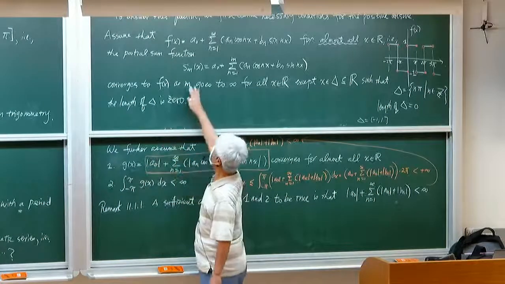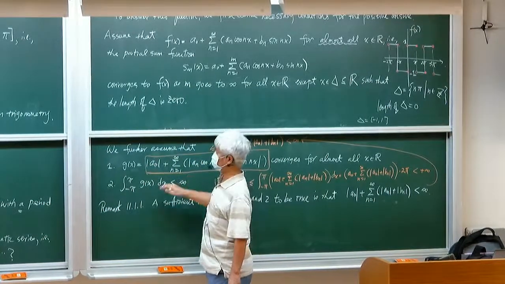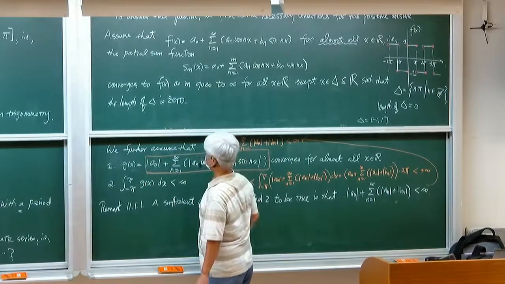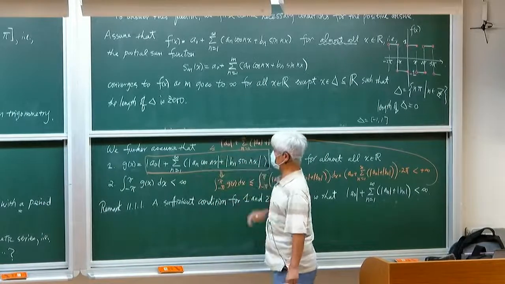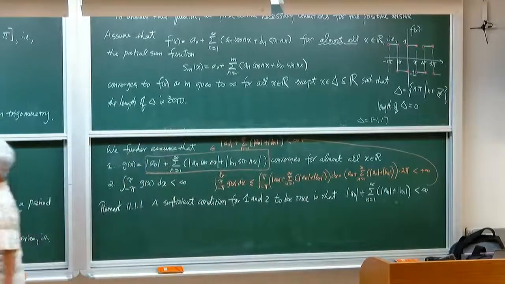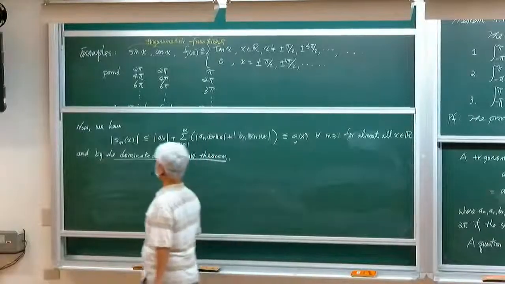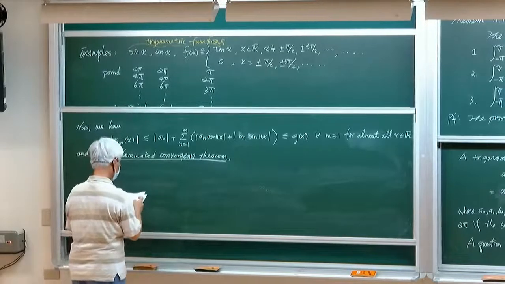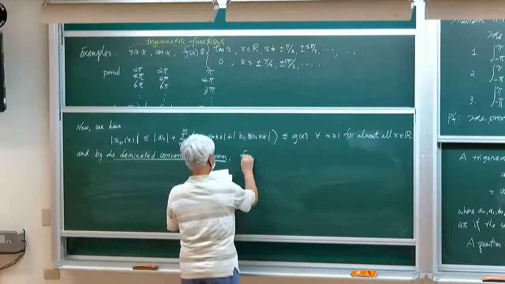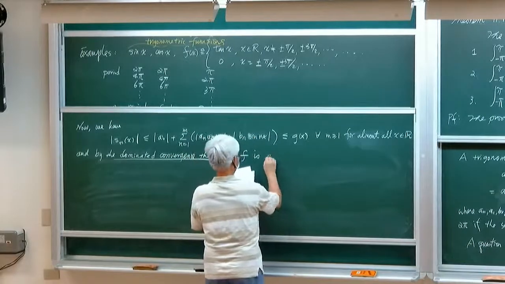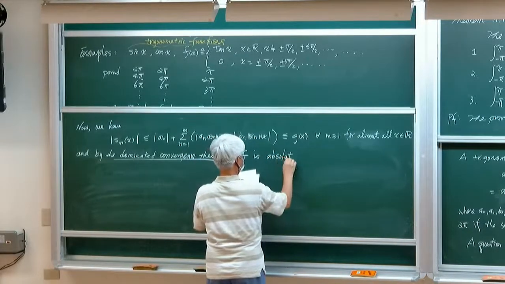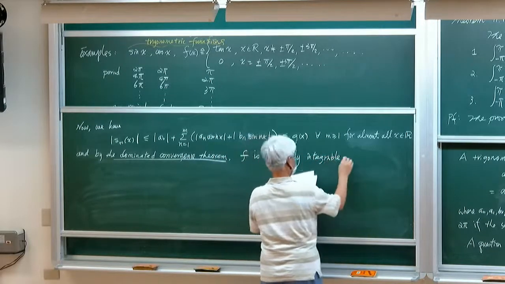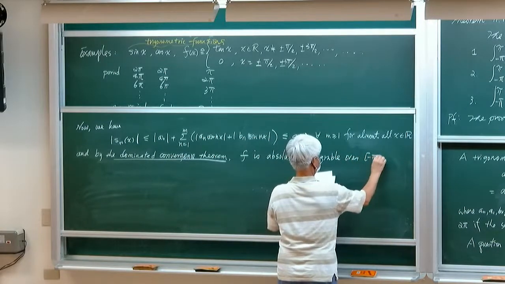So we have assumed 1 and 2 and 3. You can say these two additional conditions. So we have 3 conditions. And if we have these 3 conditions, then by the dominated convergence theorem, f is absolutely integrable over this interval.